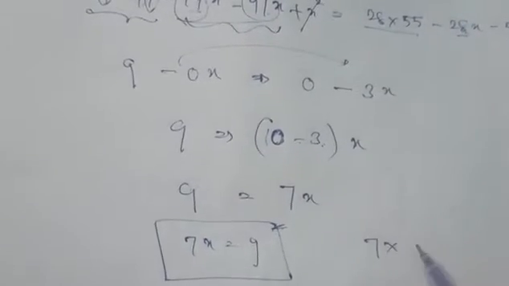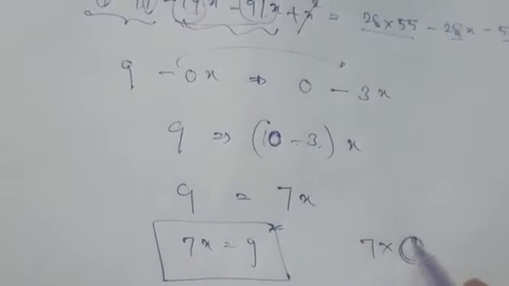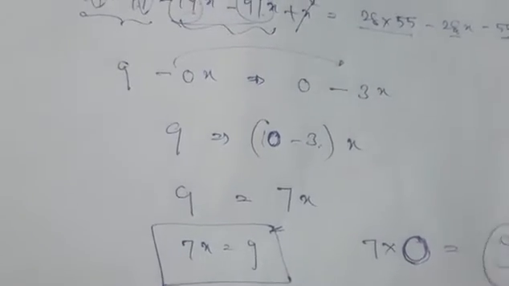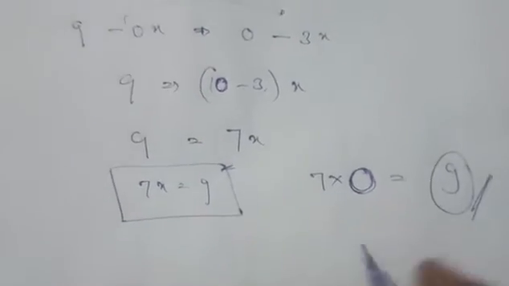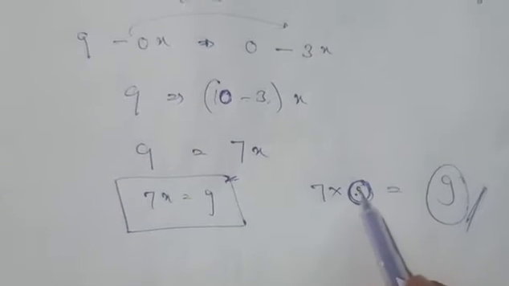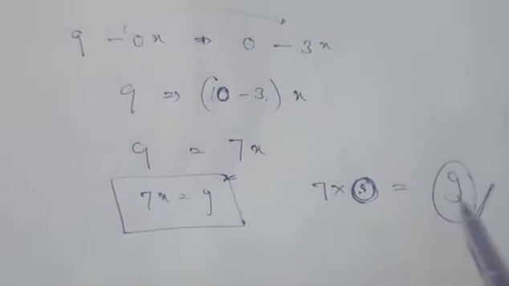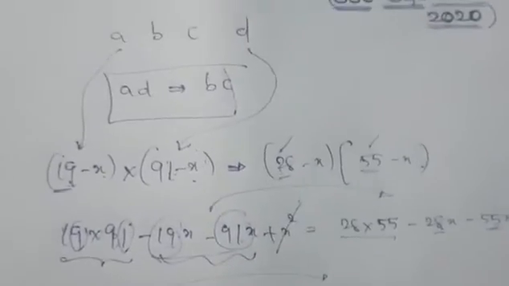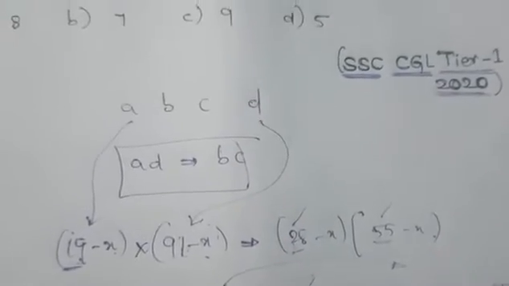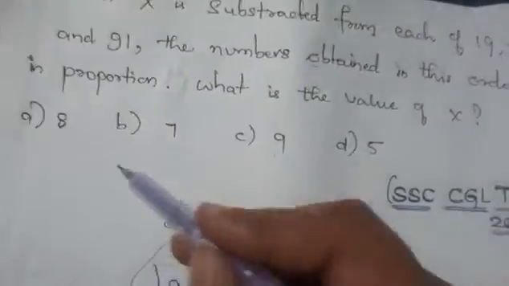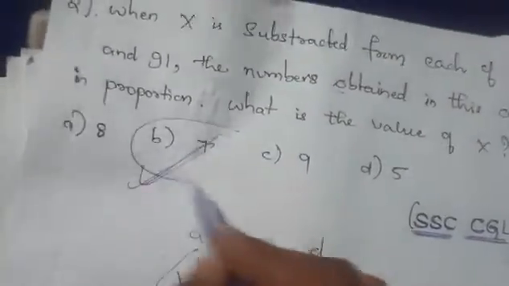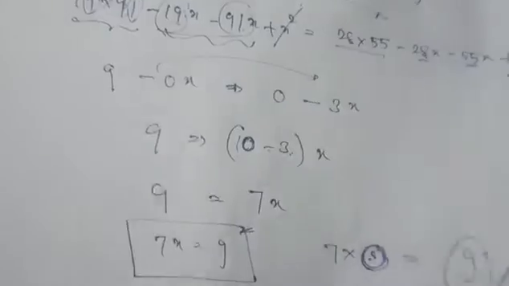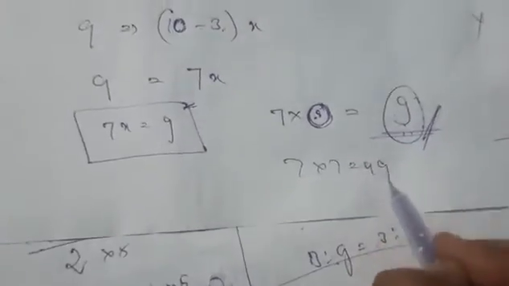See, 7 into what gives you 9 as the last digit? That's my question. What must we multiply with 7 so that we get 9 as our last digit? The only number which will give you 9 as the last digit is 7, right? So this is my answer, since 7 into 7 gives you 49, right?